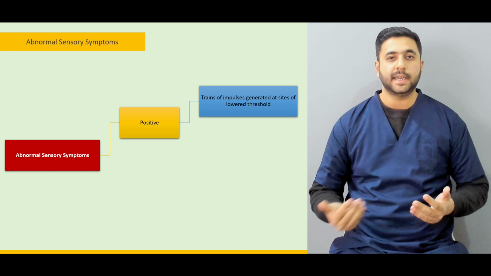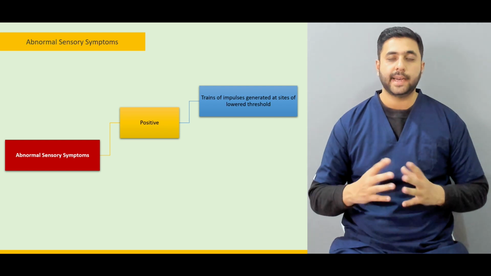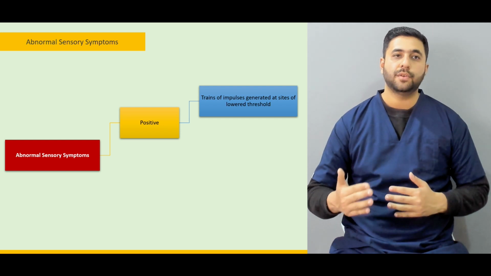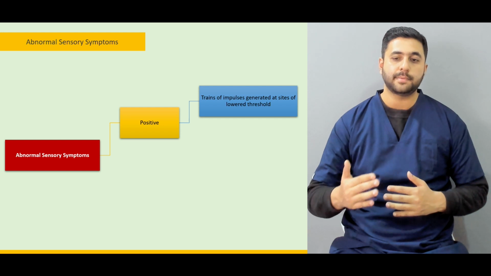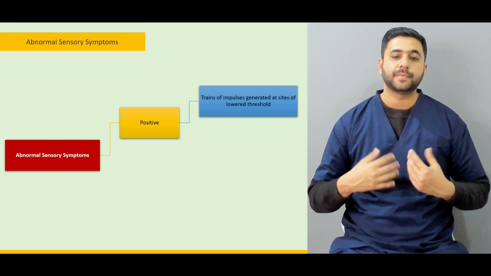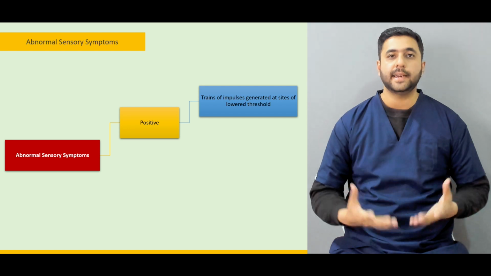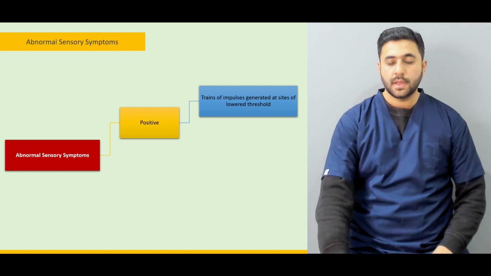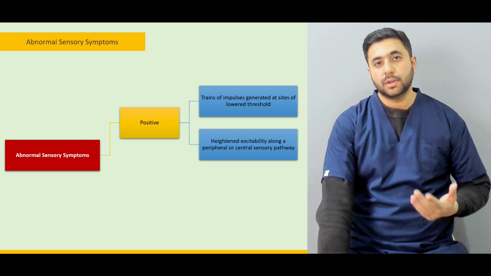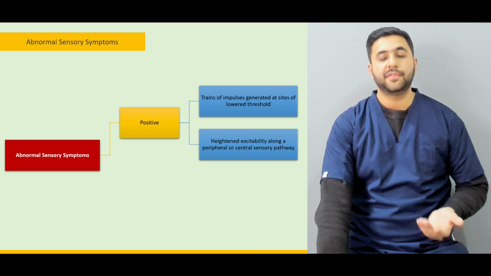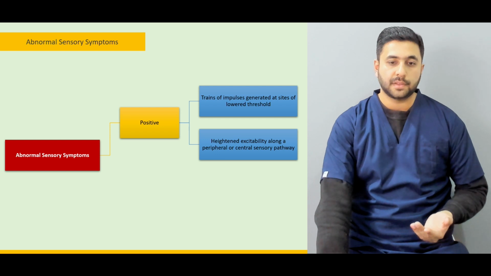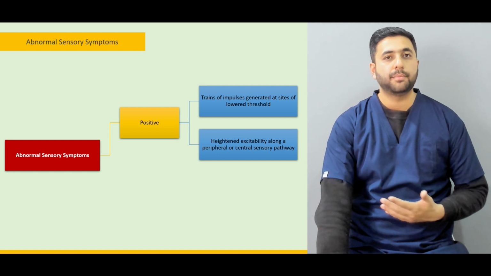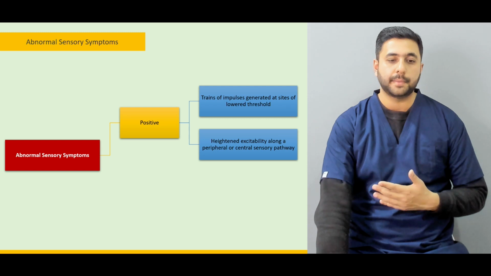So be it pain, touch, temperature, or any other sensation, the threshold for appreciation of these sensations has been lowered, and that leads to the increased presentation of these sensations. Similarly, there is also heightened excitability along a peripheral or a central nervous system pathway. We are going to discuss the various positive symptoms in the coming slides.